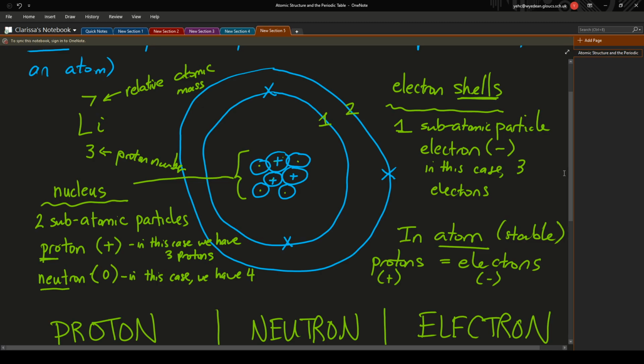So whenever you have a chemical reaction, whenever you have any bonding, whenever you have anything like that in chemistry, it's always the electrons doing it. So the electrons have a very, very important role in shaping how these chemicals react with each other because they're the ones on the outside. They're going to be the ones that actually interact. The nucleus is not really going to be involved because it's at the very center.